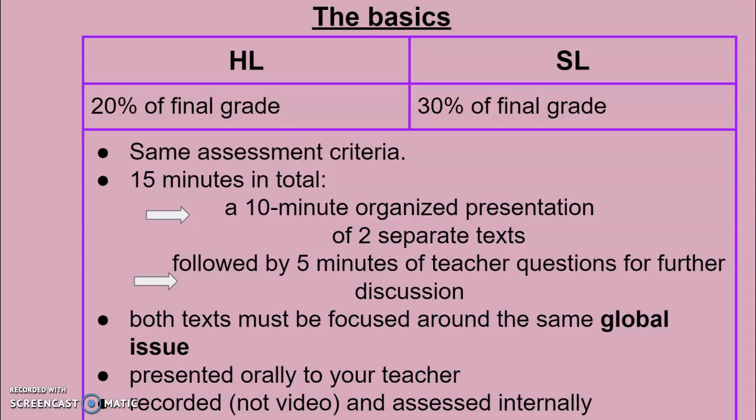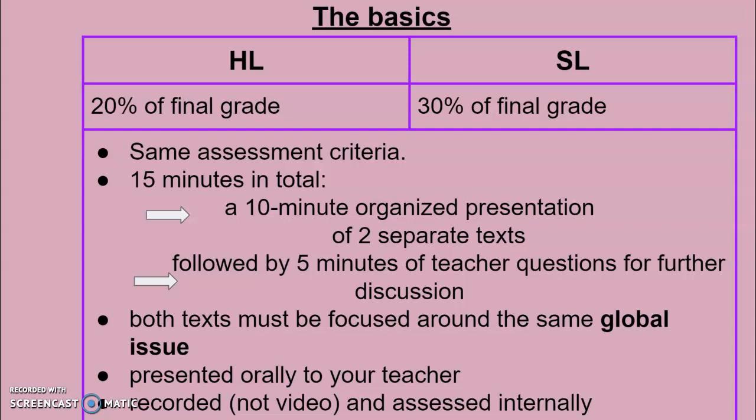That's pretty much the only difference. Both higher level and standard level use the exact same assessment criteria, as does literature and language and literature. So the assessment criteria doesn't change regardless of the course.